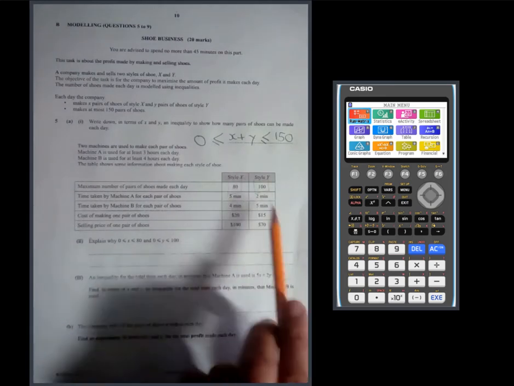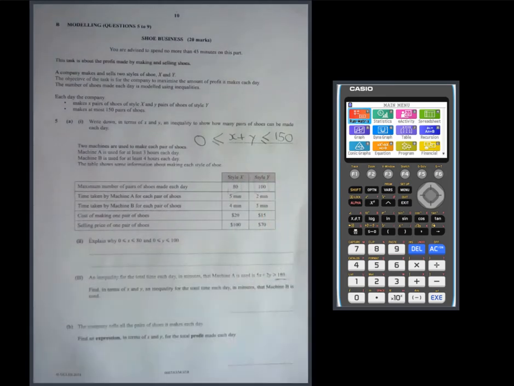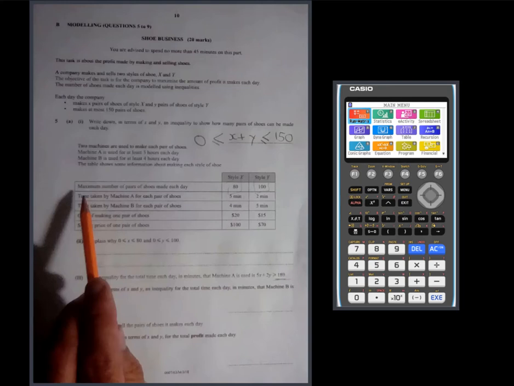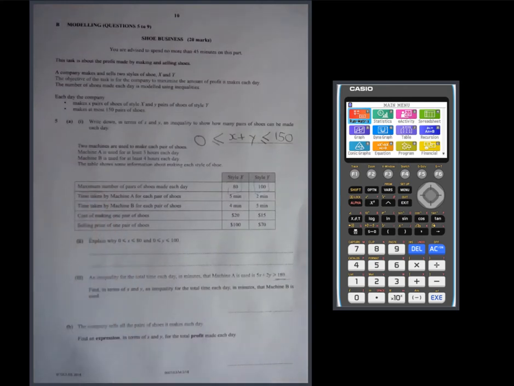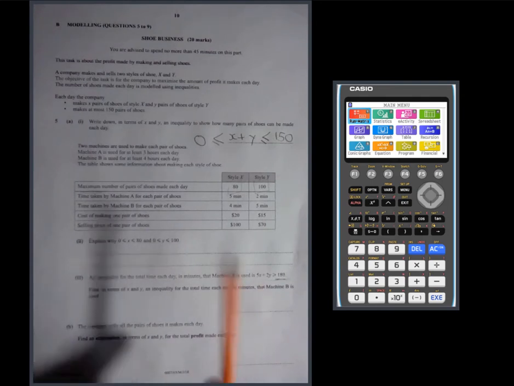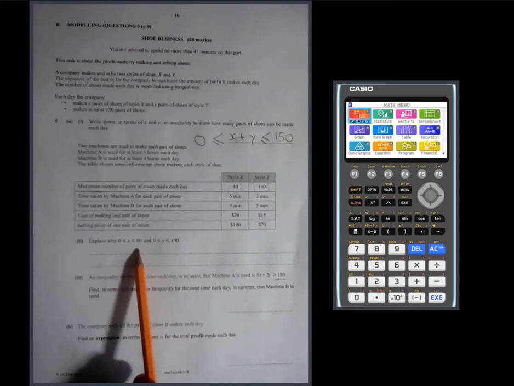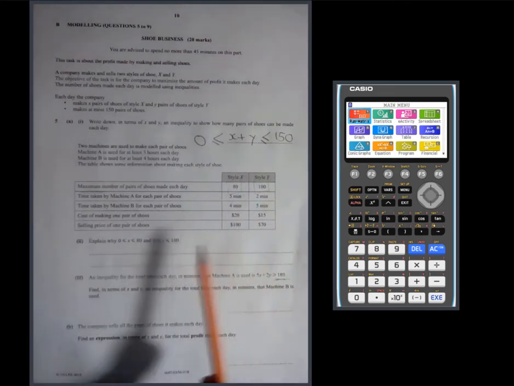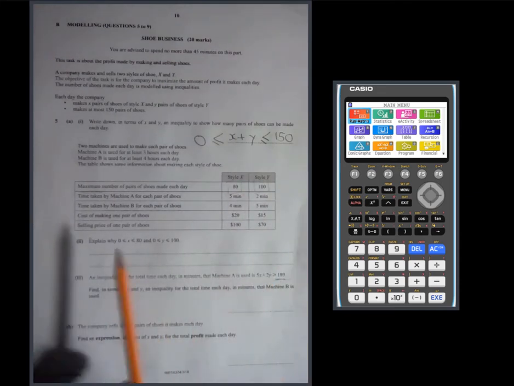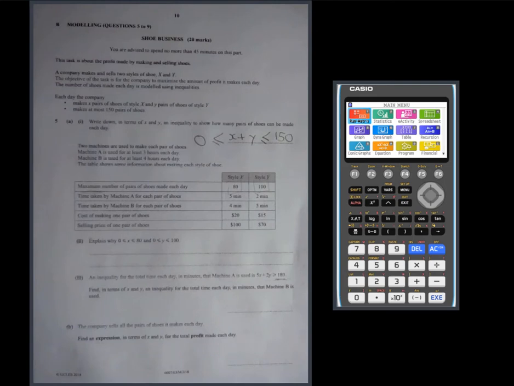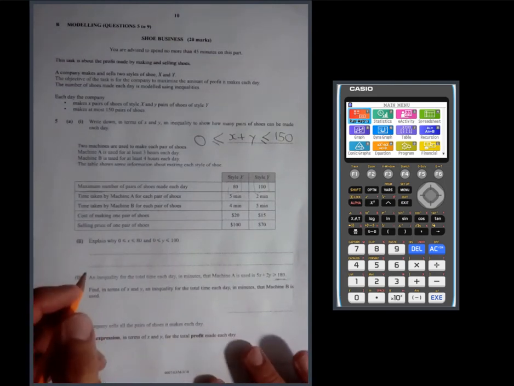The 80 corresponds to X and the 100 corresponds to Y, and this is the maximum number of pairs of shoes made each day. So this is because the maximum number of pairs of X is 80, the maximum number of pairs of Y is 100, and the zeros are because it's the minimum number you can make. You can't make a negative amount of shoes.